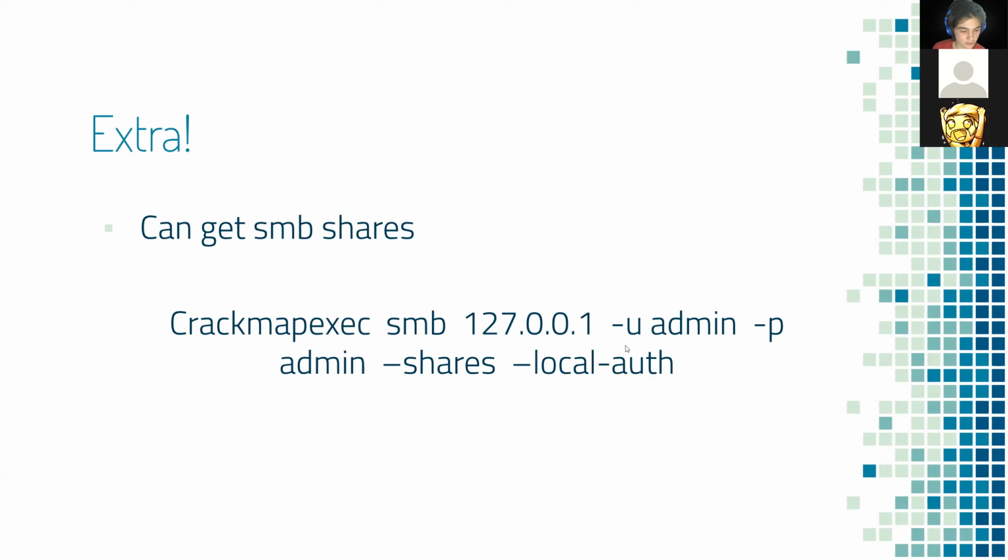If we had a login credential, we would do the username, password, the shares, and because we are on a local host, because Docker is running on your local host, you'll do --local-auth. This is a hint for if you have trouble with logging into SMB or SSH when trying to use CrackMapExec.